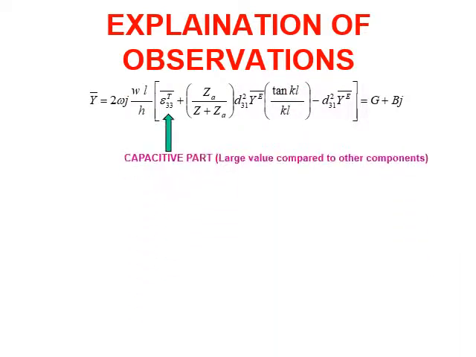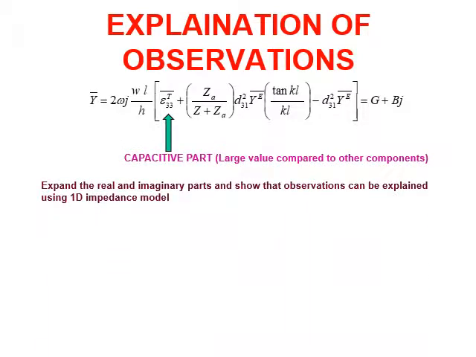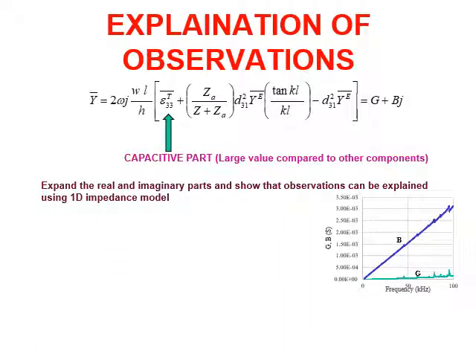So let us come back to this equation, and let us now input the values of various parameters. We begin with epsilon 33. The value of epsilon 33 is 1.28 into 10 power minus 8.